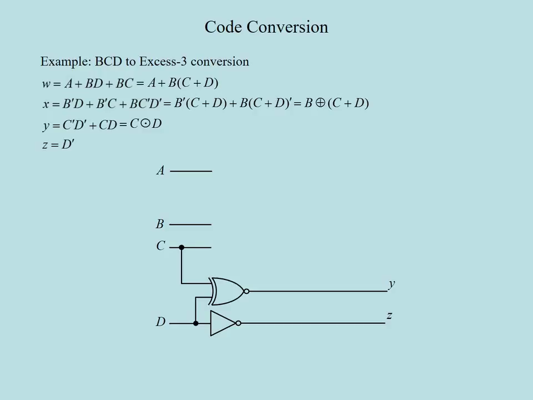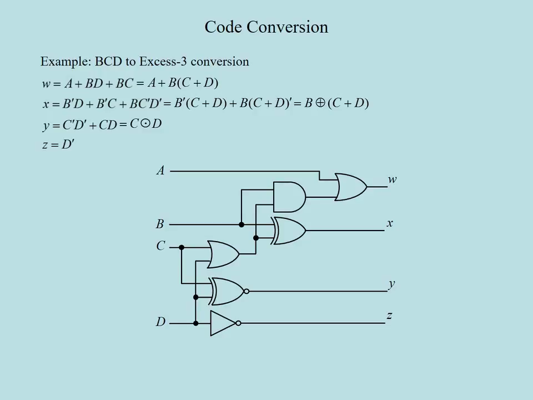Next, Y is C XNOR D. To implement W and X, first generate the C or D term. This signal is XORed with B to yield X. It can be also used to obtain W by ANDing it with B and then ORing the result with A. So it takes 6 gates to build a BCD to XS3 converter.